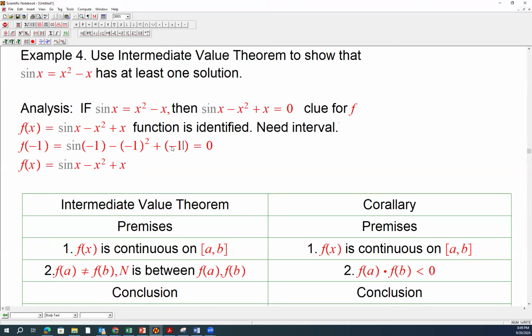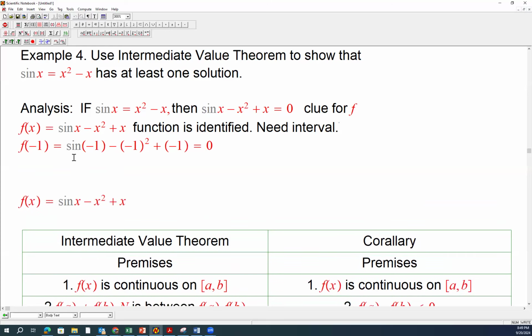I chose x equals -1. Sine of -1 is going to be negative, because it's in the 4th quadrant.